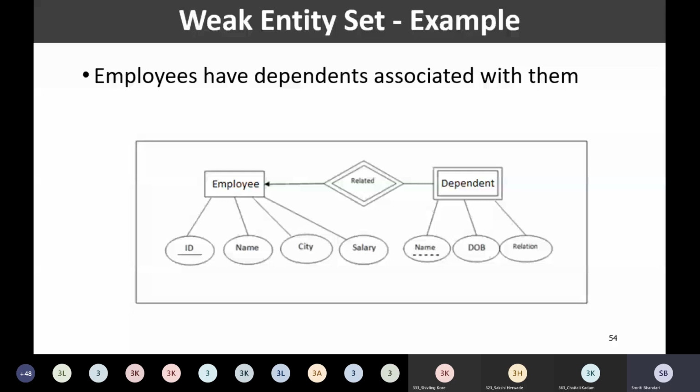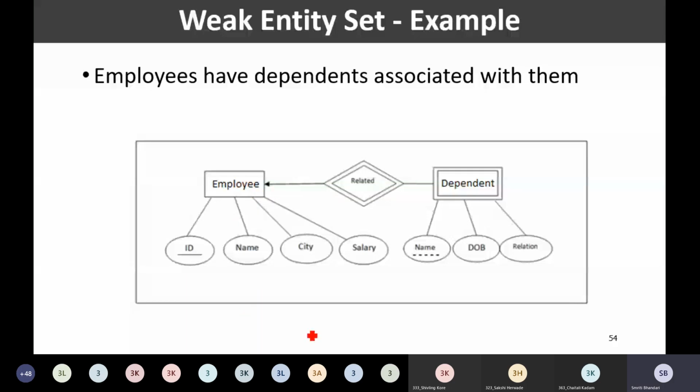So let's proceed now to one more example of a weak entity set. It is a simple example once again that has been depicted to give a clear idea of the concept. So see here, we have one entity set that is employee, right? And every employee has some dependents. Dependents are the people who are dependent on that particular person, right?